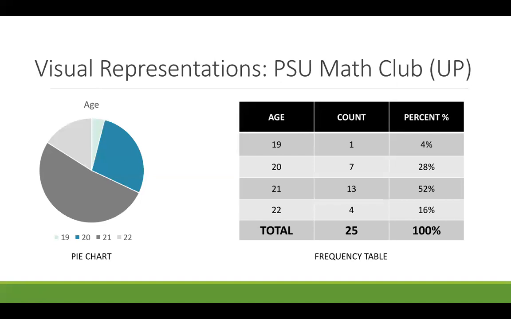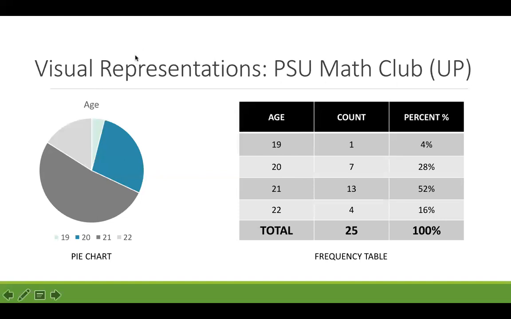So you can easily see that it shows the ages of students in the Penn State Math Club, and you can clearly see that 21 is the most common age among them and 19 is the least common age. But when you have more categories, it's more difficult to see the data.